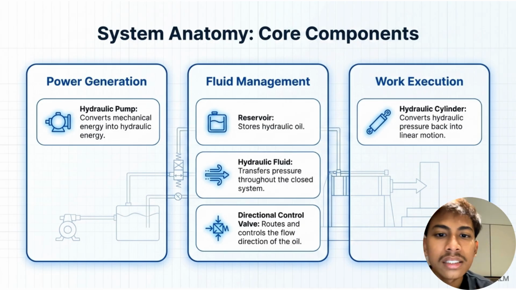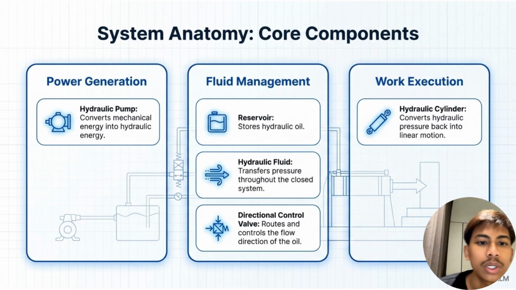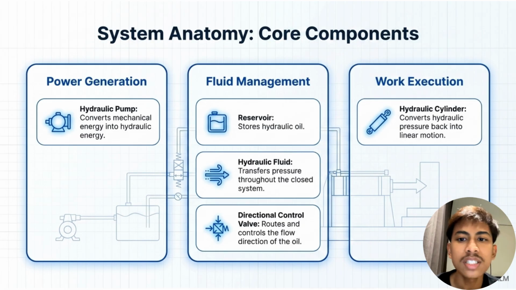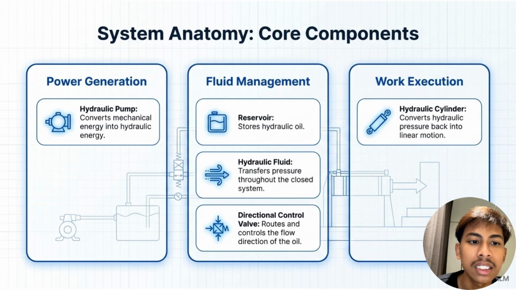This slide shows the main components of a hydraulic system. First is power generation. The hydraulic pump changes mechanical energy into hydraulic energy. Next is fluid management. The reservoir stores the hydraulic oil. The hydraulic fluid carries the pressure through the system, and the directional control valve controls the flow and direction of the fluid.